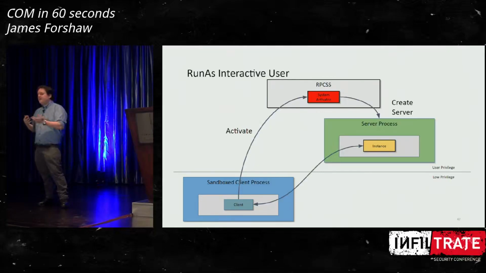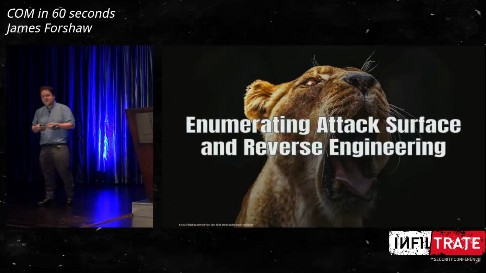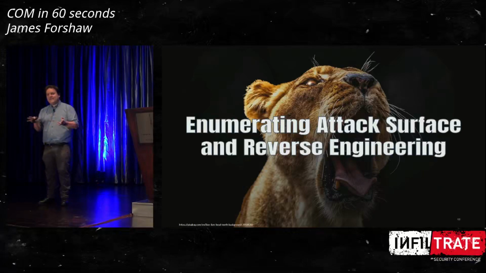However, if the app ID specifies interactive user, as long as the sandbox client has permission to create a new instance of that server, it actually gets created outside the sandbox. So these are good targets if you're going to look for sandbox escapes, especially from something like Edge or Internet Explorer.